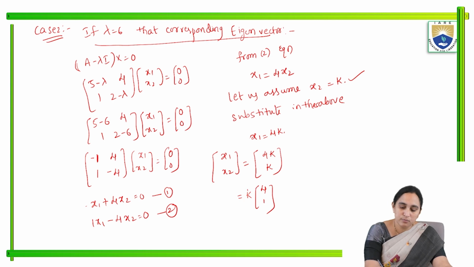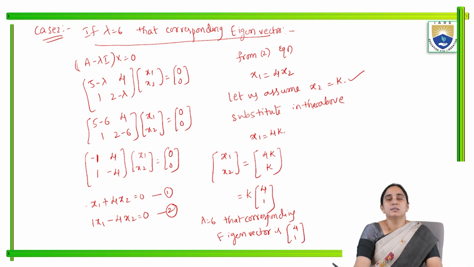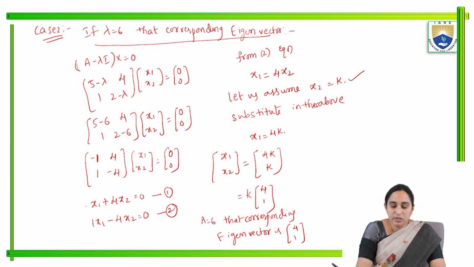Therefore, if lambda is equal to 6, the corresponding eigenvector is 4 and 1. Okay, this is the eigenvector for the corresponding eigenvalue lambda is equal to 6.